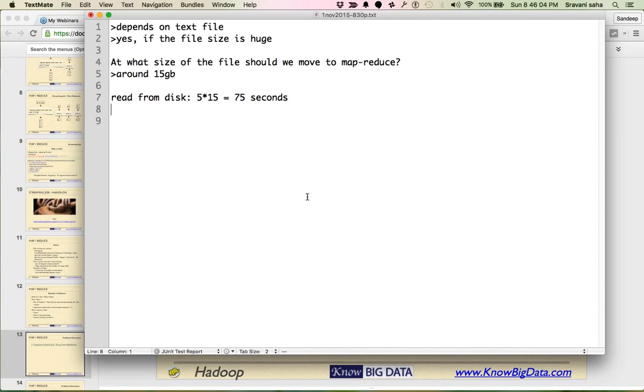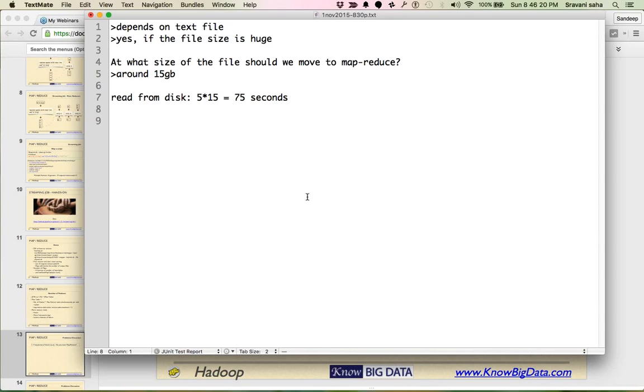That is a good number because a MapReduce task of this kind would take around 1 to 2 minutes, and 15 gigabytes is a good size to have.